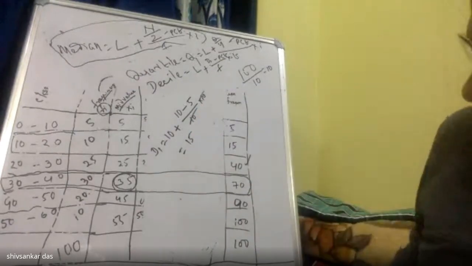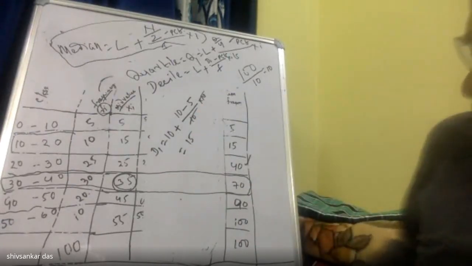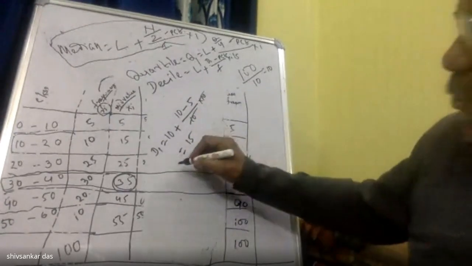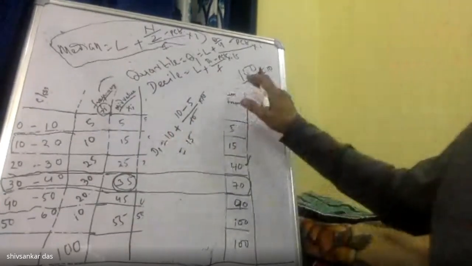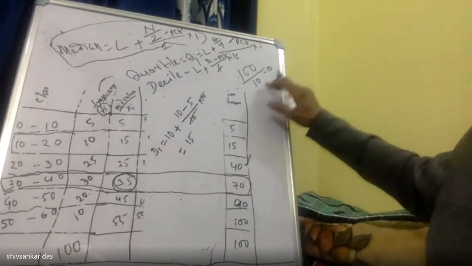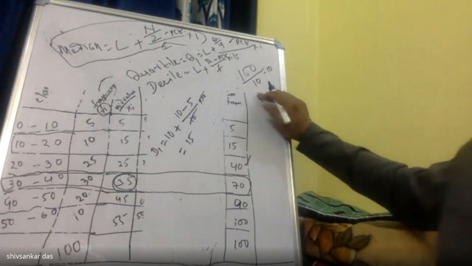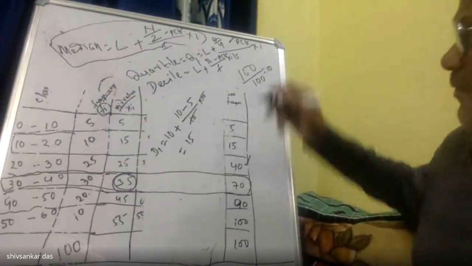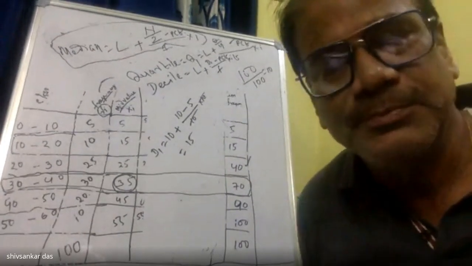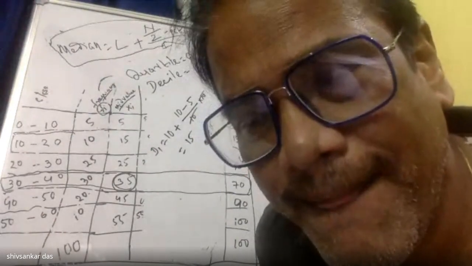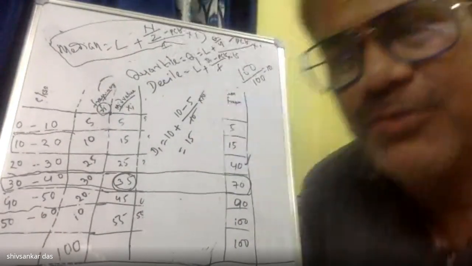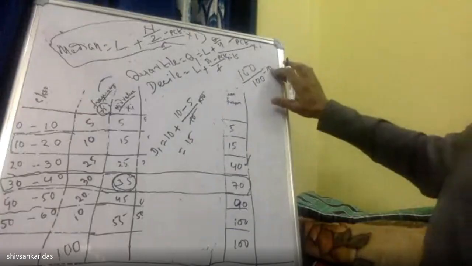Similarly, let us calculate P1, percentile one. Instead of making 10 equal parts, I'll make 100 equal parts, so each one is 1.